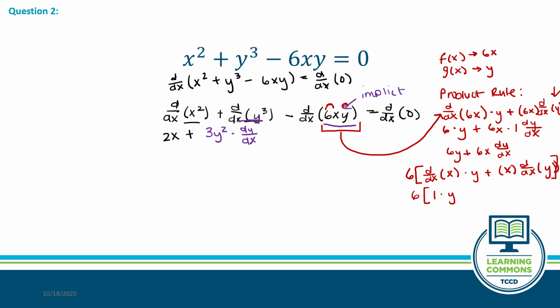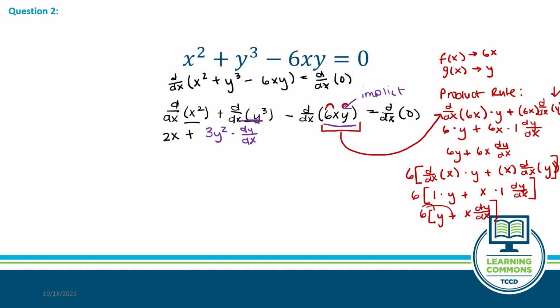Derivative of x is 1 times y, plus x times 1 dy/dx, which would then just give me 6 times (y plus x dy/dx).